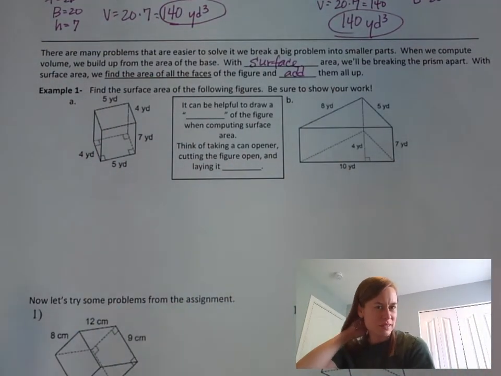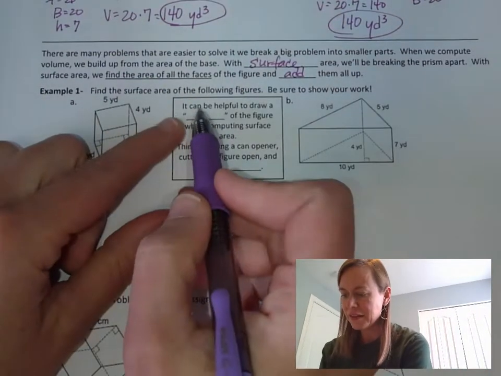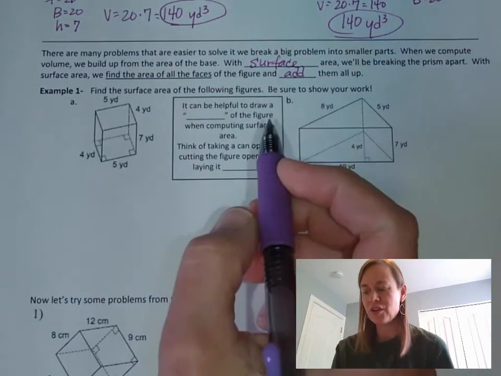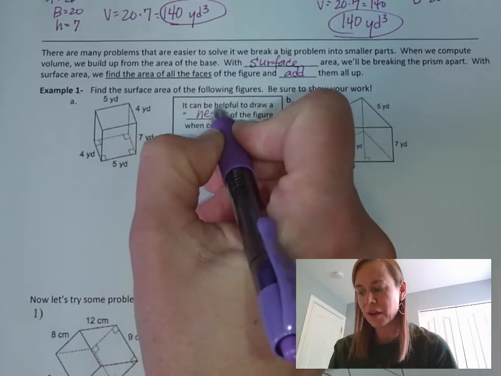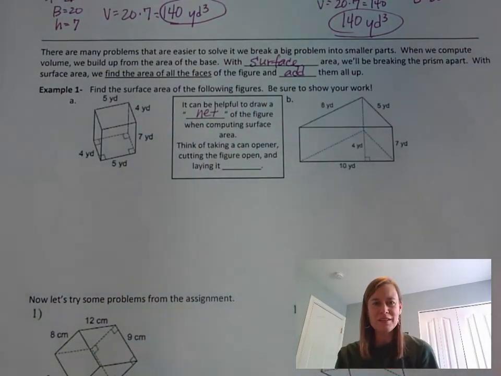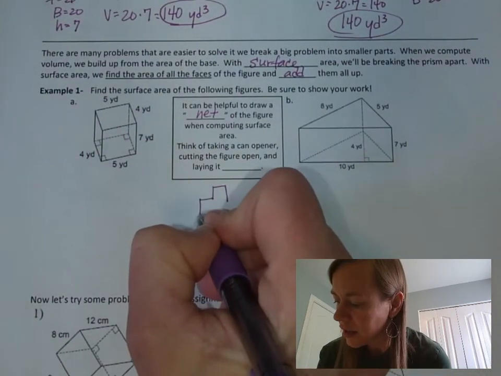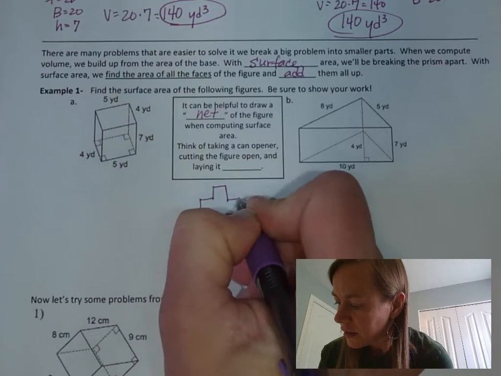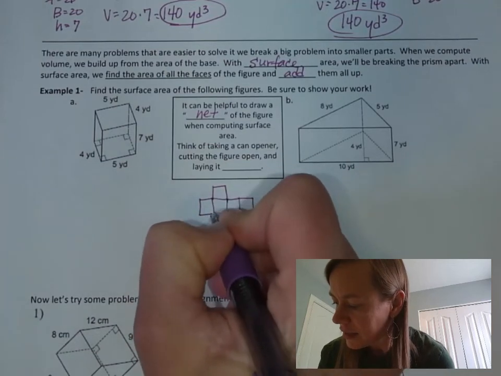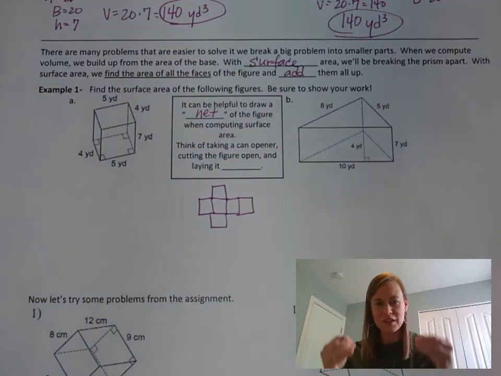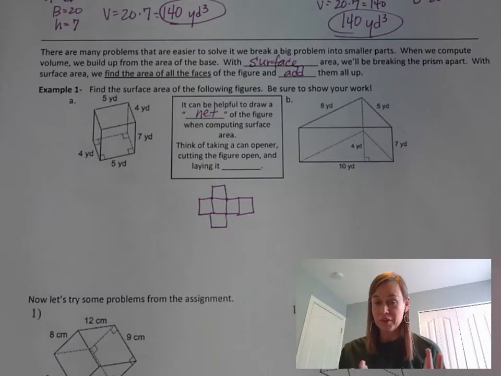Okay, so let's look at what they have written here. Here they wanted you to say it can be helpful to draw the net of a figure. Guys, you don't have to worry about this. What they're talking about here is, have you ever seen a cube taken apart and it starts to look kind of like this, and then if you fold it up it forms a cube? That is really cool and I love it.